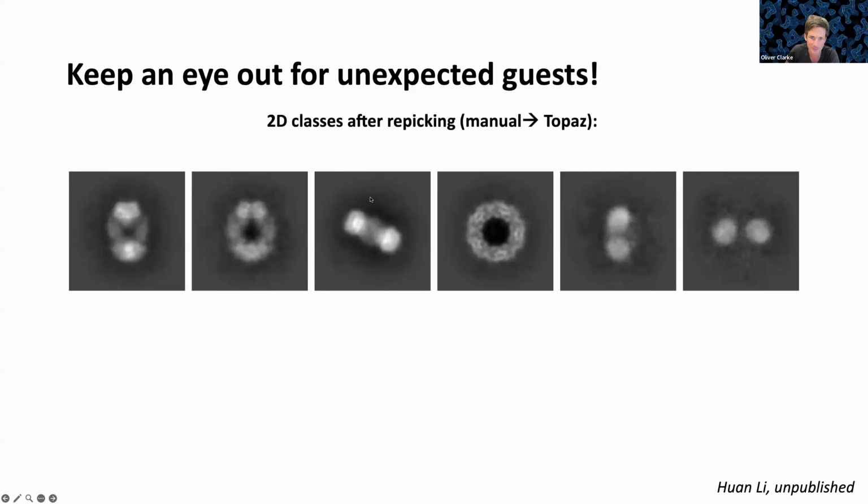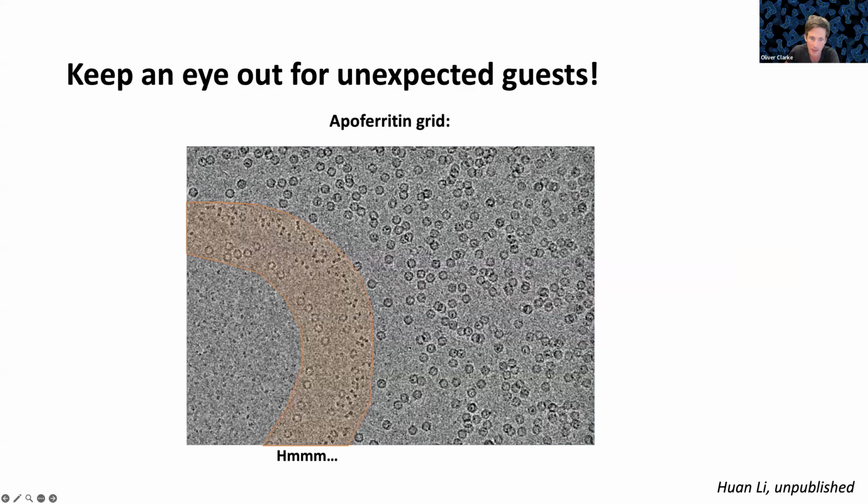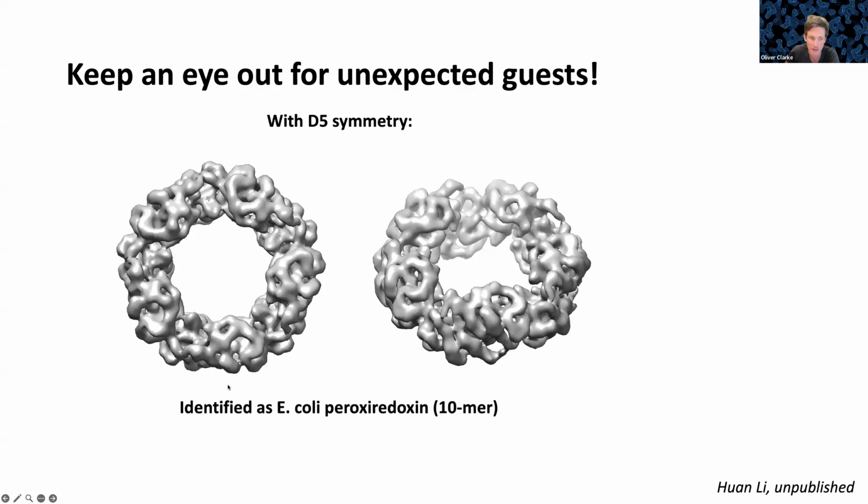If you take that and you do a little bit of repicking and train a Topaz model to pick just those particles, you can actually get a reconstruction and identify this protein as peroxiredoxin, a decameric protein that came down in the preparation of the apoferritin sample.